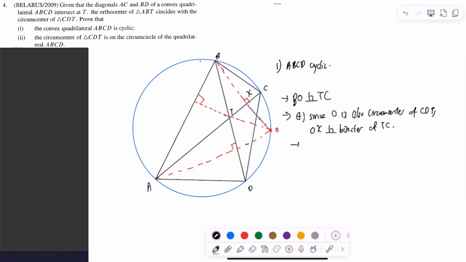So now we combine these two facts and we say that BO is not only perpendicular to TC but also the perpendicular bisector of TC.